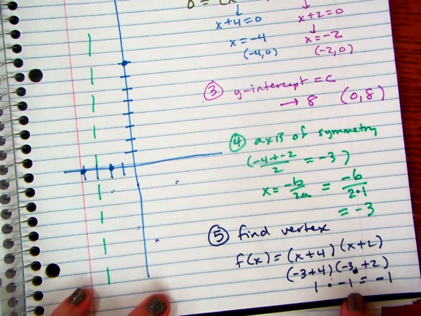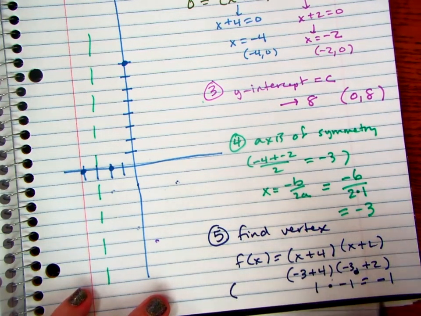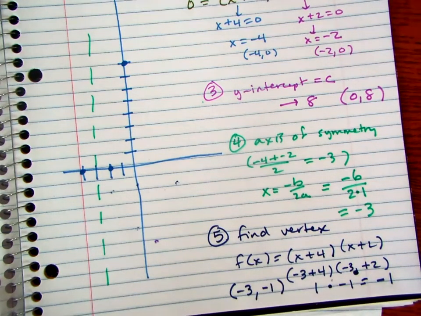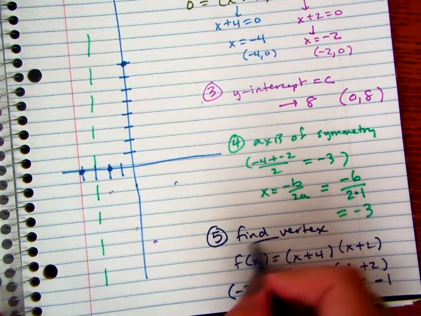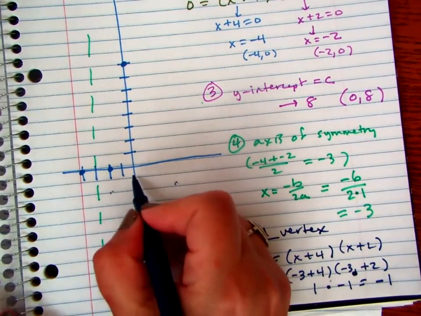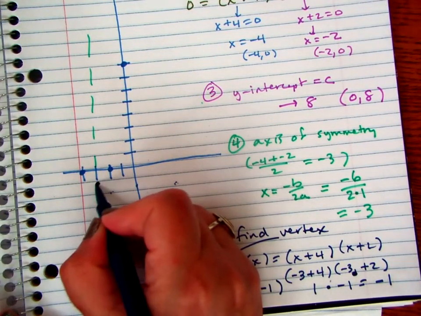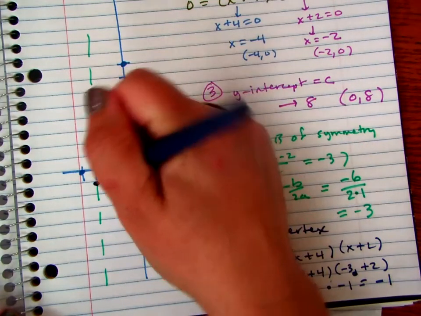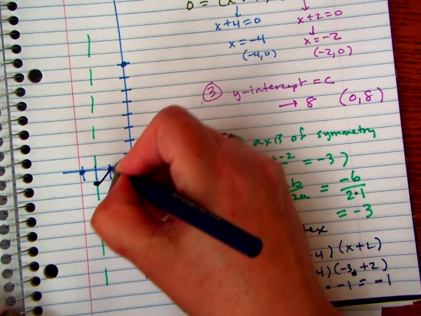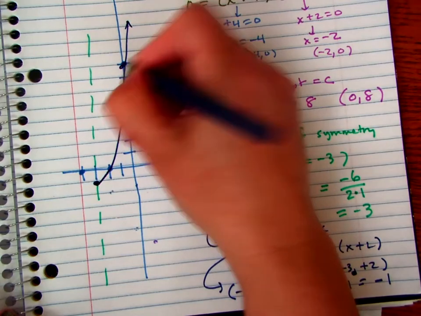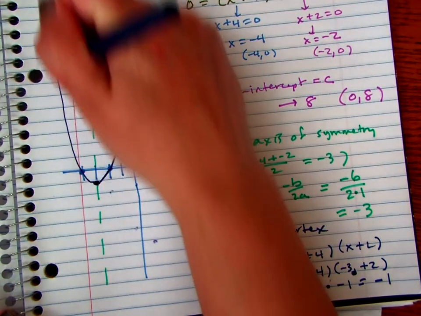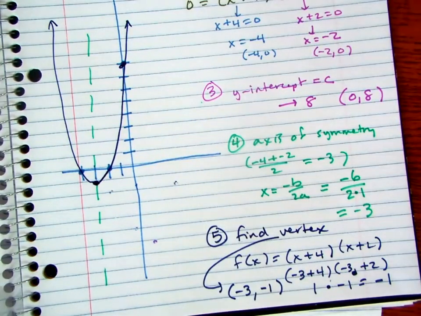So I have a minimum here, and the vertex is at x is negative 3, and y is negative 1. So that minimum is at (-3, -1), right here. Then I'm going to do my best to draw a parabola that hits that spot and that spot. This is more sketching parabolas than really fully graphing.